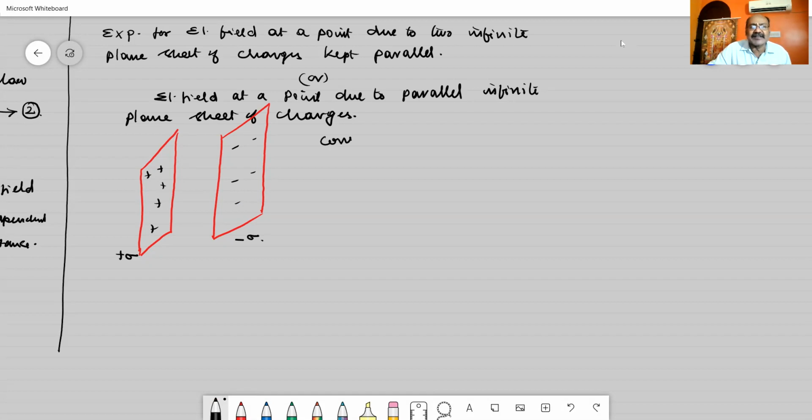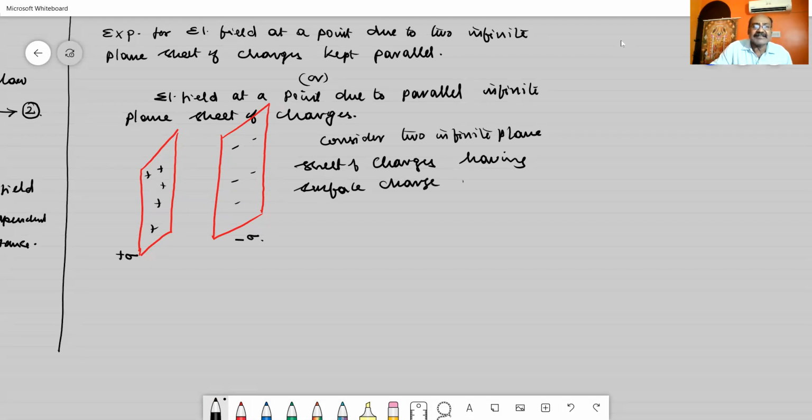So I am writing a small description. Consider two infinite plane sheets of charges having surface charge densities as plus sigma and minus sigma respectively, kept parallel to each other.